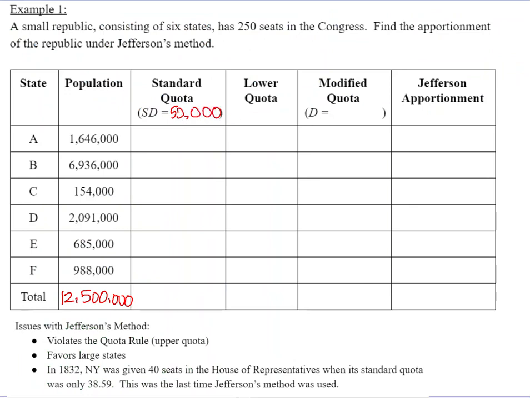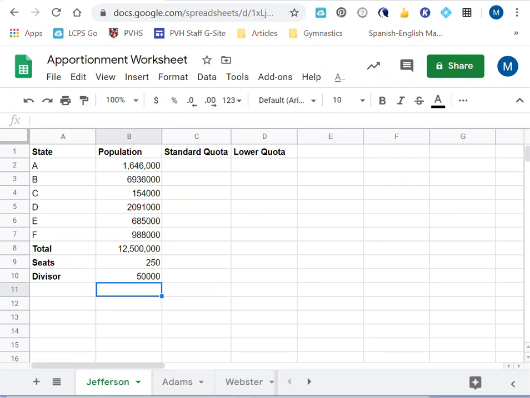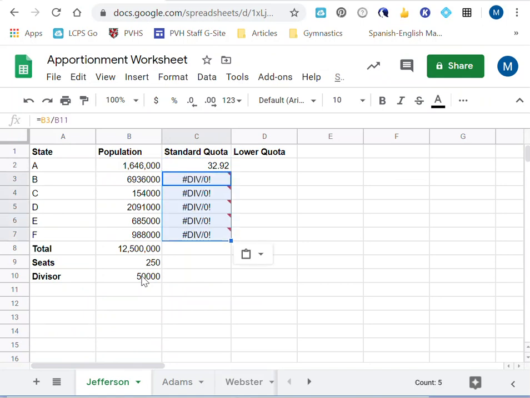Now, I need to find my standard quota. To do that, I need to divide each state's population by my divisor. The shortcut to do that in a spreadsheet is to say equals this divided by this. Enter. Now, you can either keep going through for each row, or you can try to copy and paste. But if you just copy and paste, you're going to get an error.